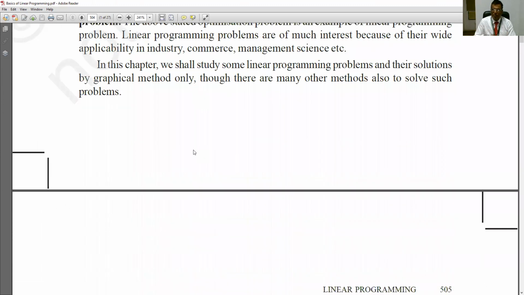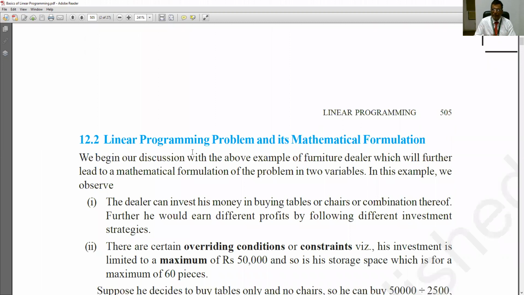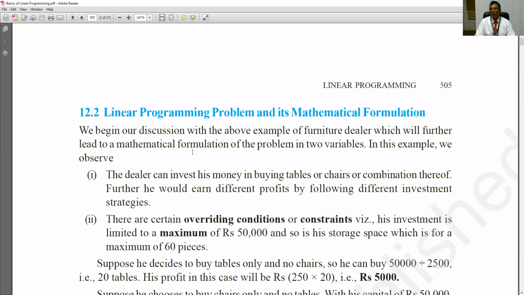So now let us write what I am telling you. Linear programming problem and its mathematical formulation. Please write linear programming problem and its mathematical formulation.